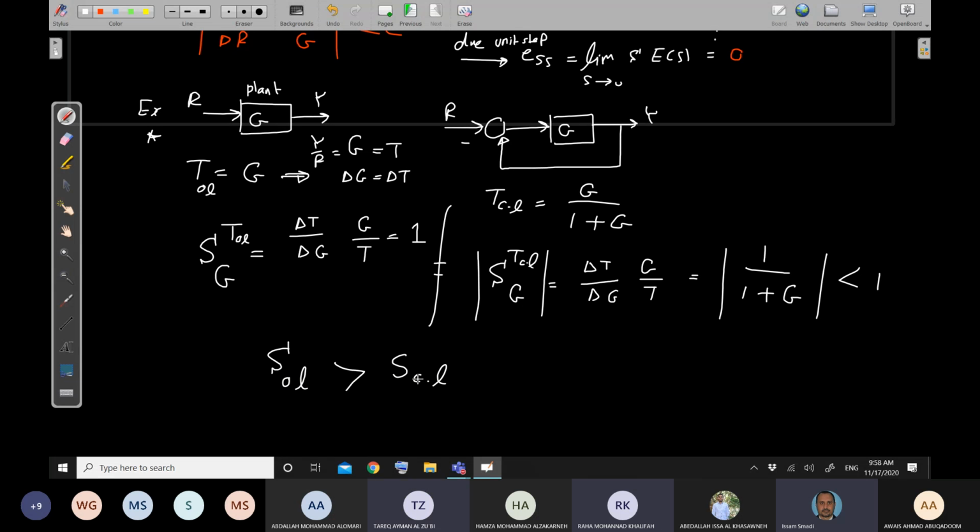And not only that, I can make 1 plus G very, very high. So this means that the sensitivity of the closed loop to G is almost 0, which means that anything happening to the plant, I cannot see it. Do you have any question before finishing this lecture?